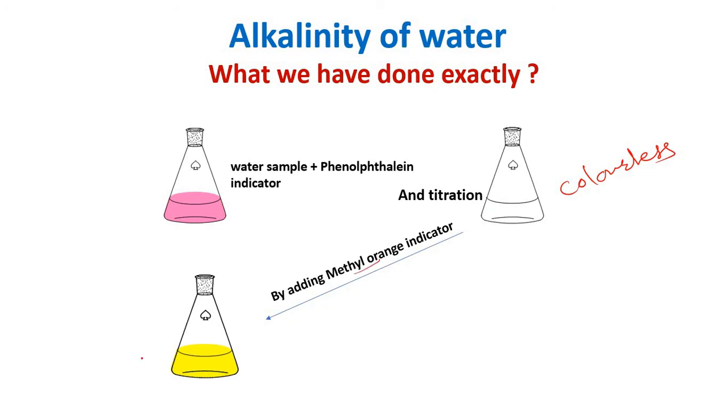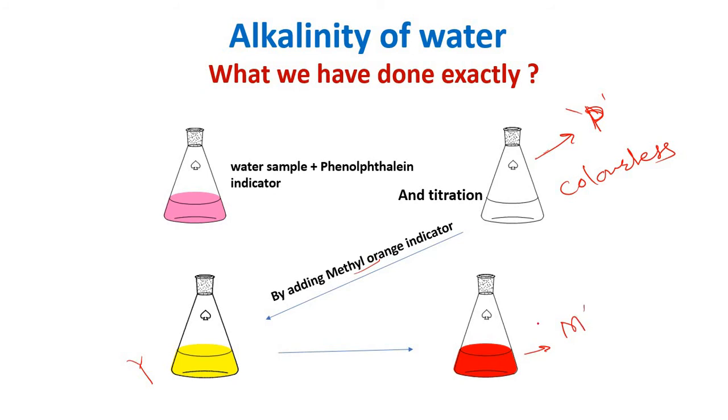The color becomes yellow. Then when we again titrated the yellow solution with the same HCl, the color becomes red. So at this point we get the P point, that is the phenolphthalein point, and at this color change we get the methyl orange endpoint.